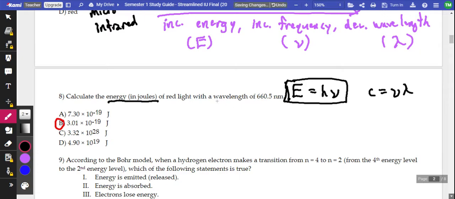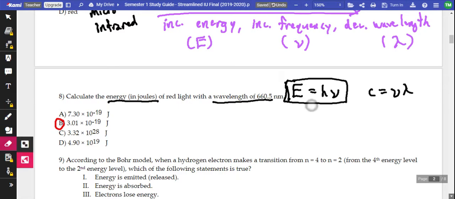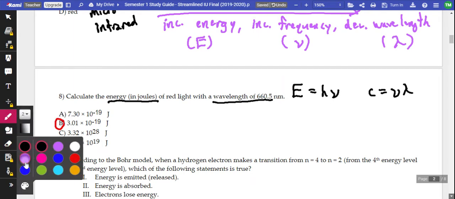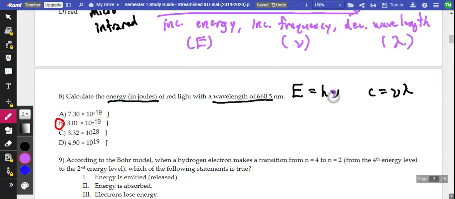But our issue is we have a wavelength, and that's it. We're only given a wavelength. So if I wanted to use this equation here, I would need two things. I would need Planck's constant, and I would need the frequency. Well, I don't have the frequency. So what I can do instead is say, hey, I don't know what this frequency is, but I know what the wavelength is, and maybe I can kind of replace it. So if I were to solve for the frequency to kind of replace it, frequency would be equal to, well, I divide both sides by lambda.